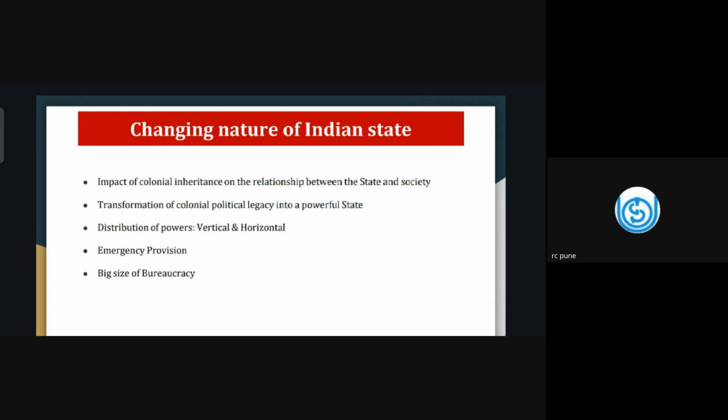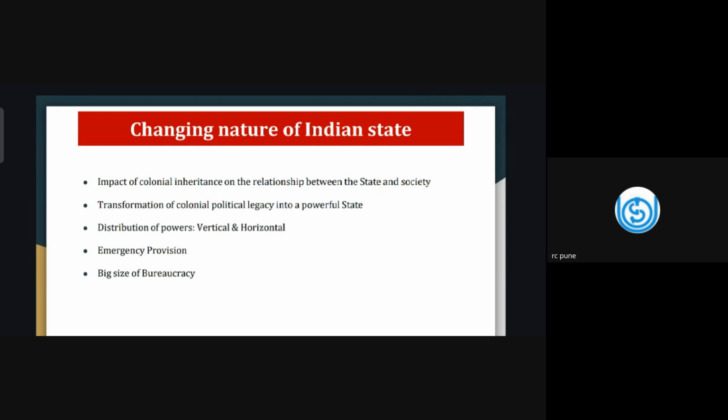So as per changing times, new challenges will arise, and to tackle these new challenges, the central government comes up with certain ideas and policies, right? And these residuary powers are also given to the center. So just imagine how many powers are given to the center.